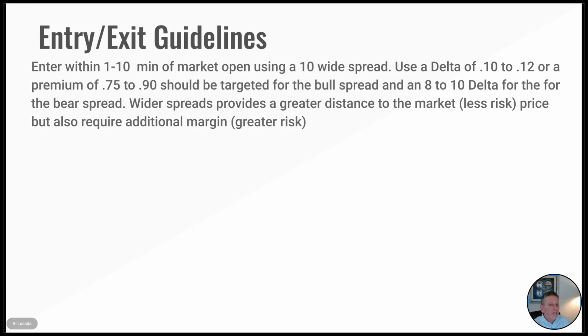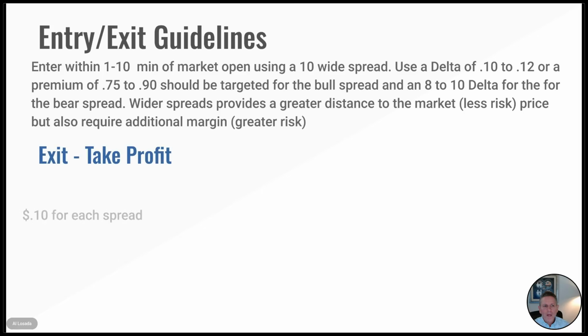Okay, so the delta that I use is about 10 to 12 for a put spread, and 8 to 10 for a call spread. And when I place those trades, it's between 75 cents to 90 cents for a bear spread, and wider spreads provide greater distance to the market, but you have additional risk when you place that. All right.